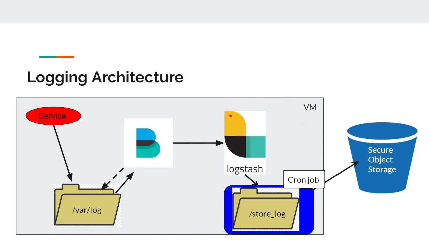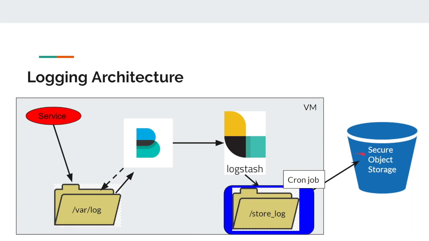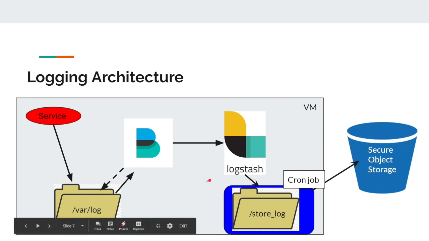It filters the logs and then sends them to a secure location on the VM, which we've designated to be this directory /store/log. Over this directory, a cron job, which is nothing more than a daily or hourly process, forwards these logs using our interaction with the Ceph object storage to our secure object buckets.